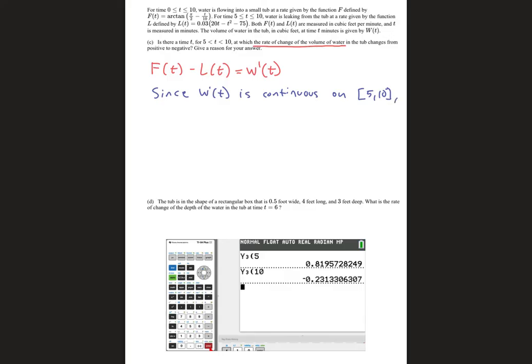And then we'll come down to the calculator: w prime of 5 is positive, and w prime of 10 is negative.